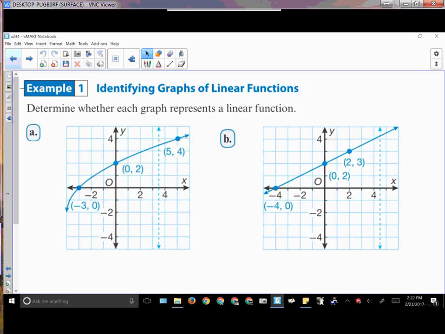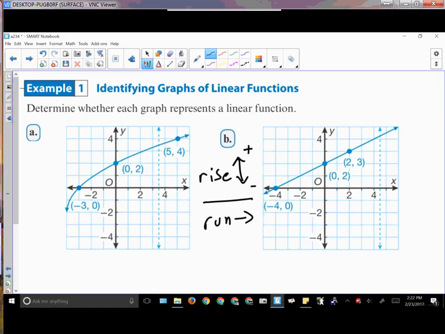So if I look at what's going on with this, and remember your slope is always going to be your rise, which goes either up or down, positive or negative, and the run always goes to the right. And you have to check more than one set of points.